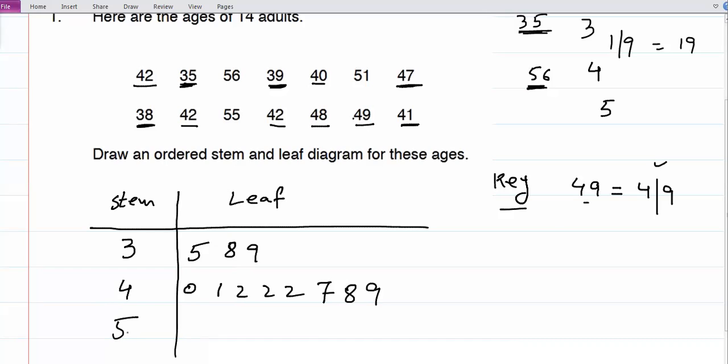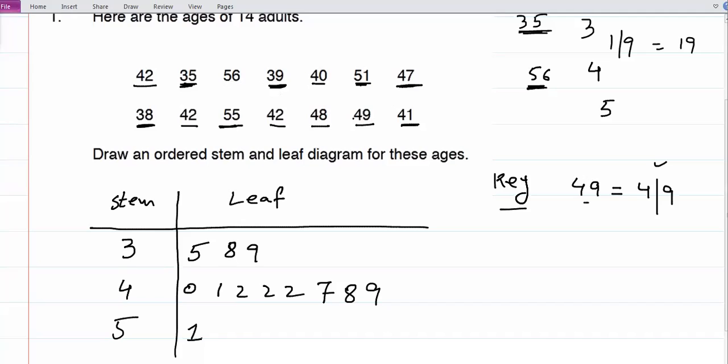Now is the time to write the numbers starting with 5. The smallest number starting with 5 is 51. Yes, 5 is already written, just write 1 here. Then after 51, the next bigger number is 55.